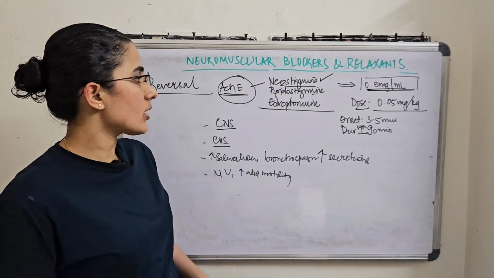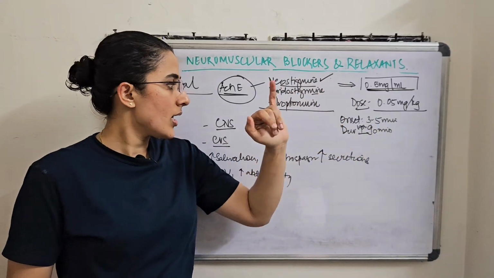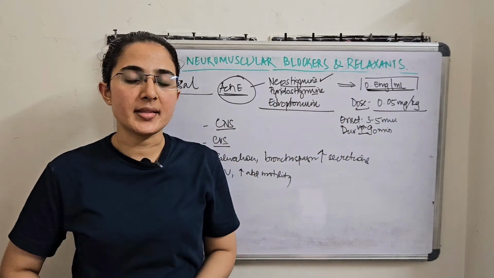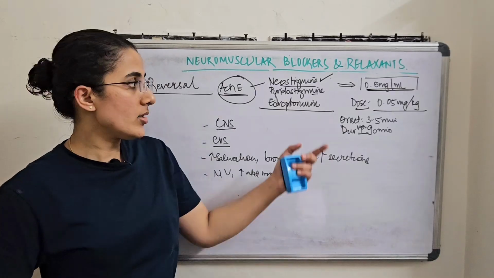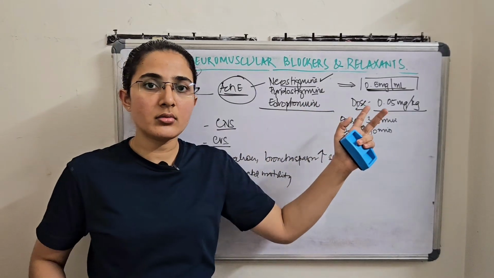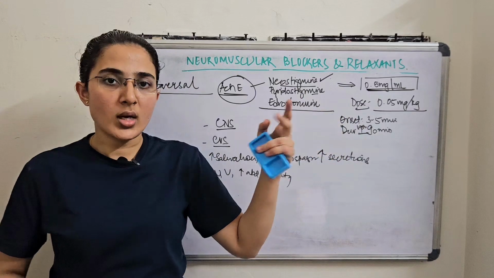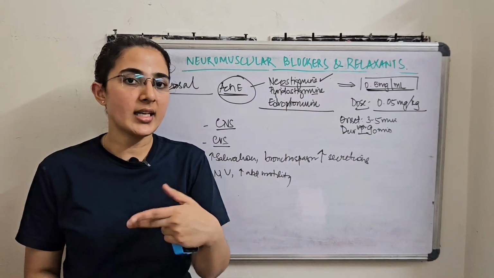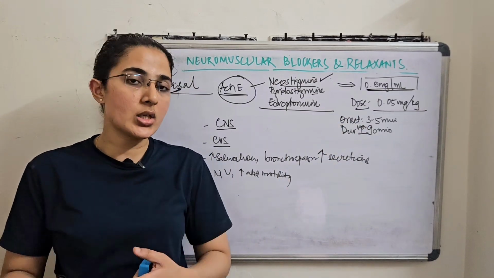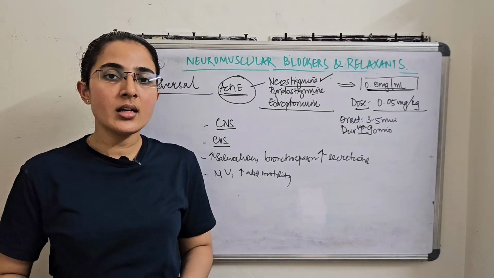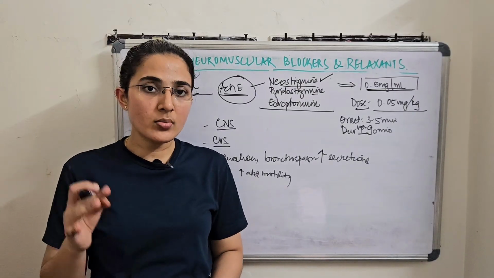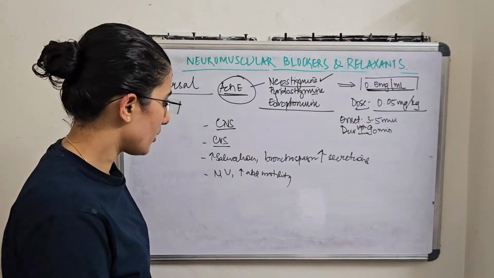So we saw about neostigmine, the dosage, and its effects. Another thing we have to remember is that the onset of neostigmine takes about 3 to 5 minutes. So once you give the reversal, it doesn't mean we take out the tube immediately, because the action of neostigmine takes a certain time. Another thing is that the reversal is to be given to the patient for a non-depolarizing blocker.